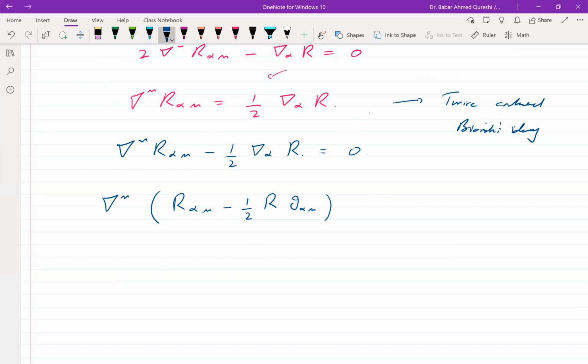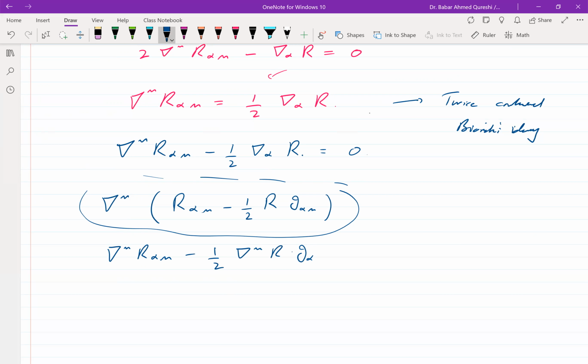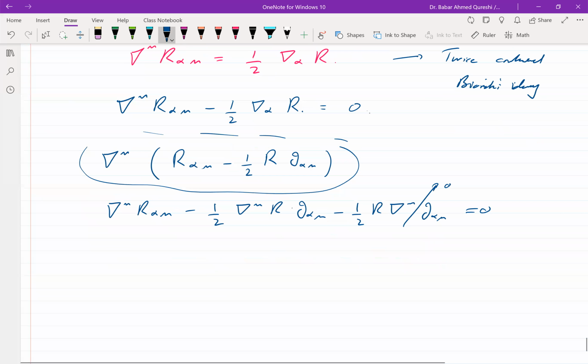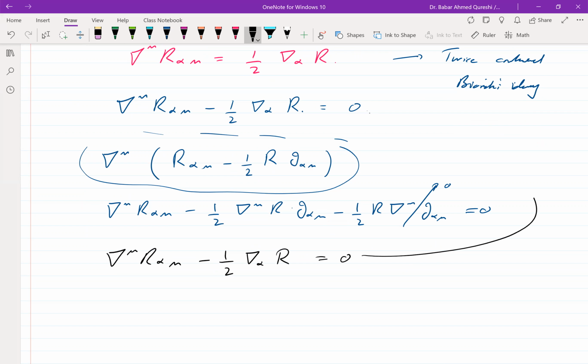Yeah. So if I consider this, what will it do? It will give me r alpha mu minus half d mu r times g alpha mu, minus half r over here d mu of g alpha mu. But this is 0 because the covariant derivative of the metric is 0. And this will be just minus half. This is replaced, this is lowered like this. So this is exactly the same as the twice contracted Bianchi identity.